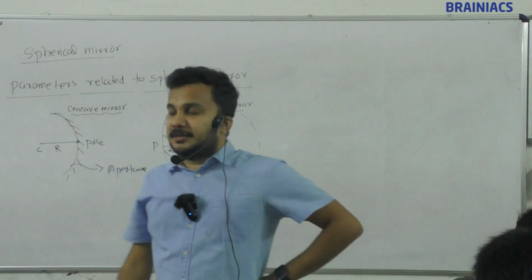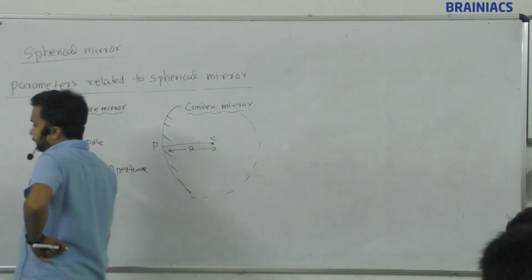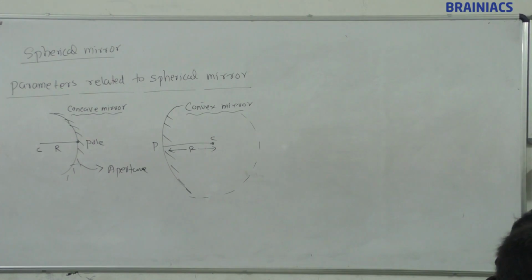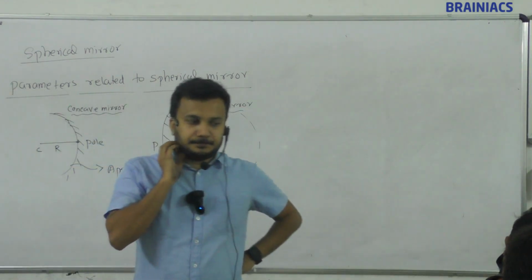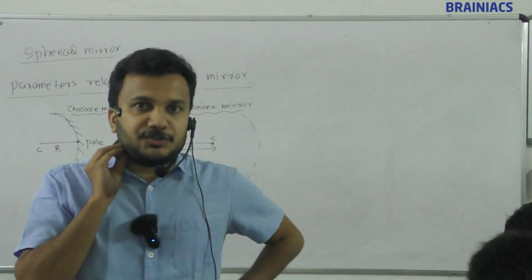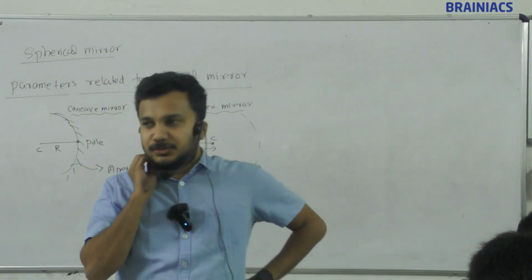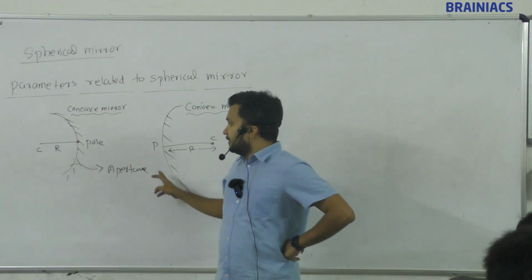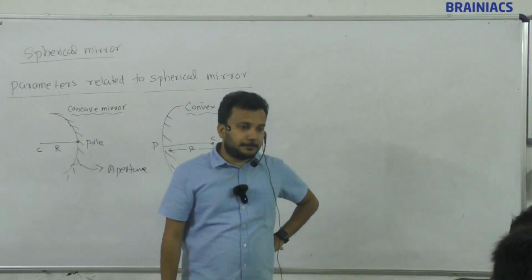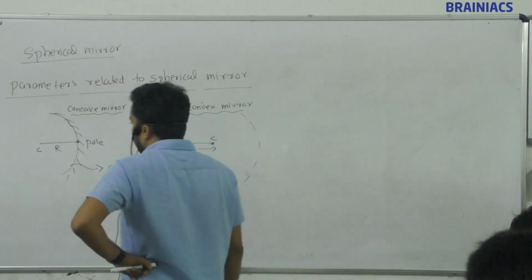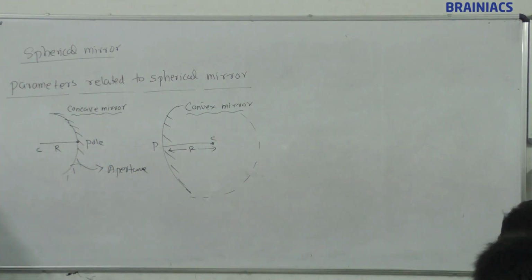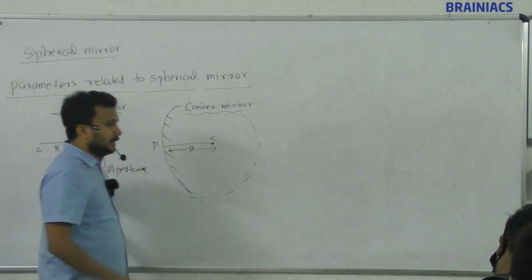Distance between the center of curvature and the pole is known as radius of curvature. Next point, the reflecting surface is known as aperture.